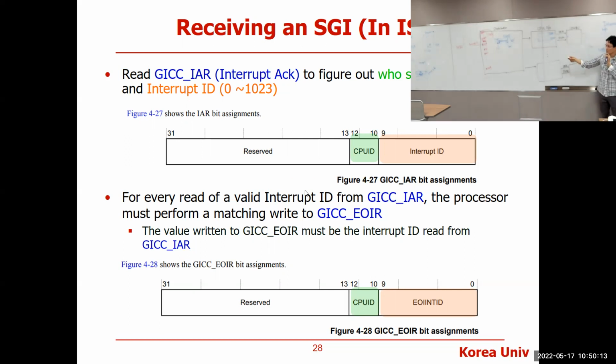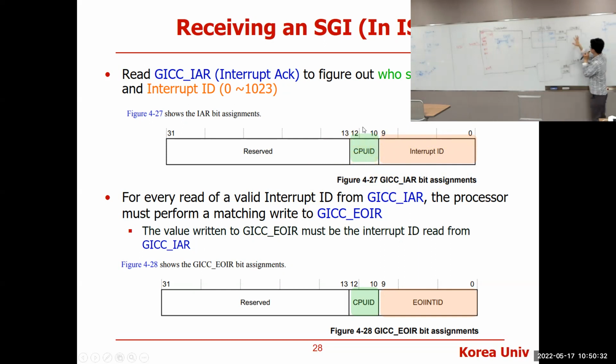That acknowledge register contains not only the interrupt ID, but also the CPU ID. Who requested that interrupt?